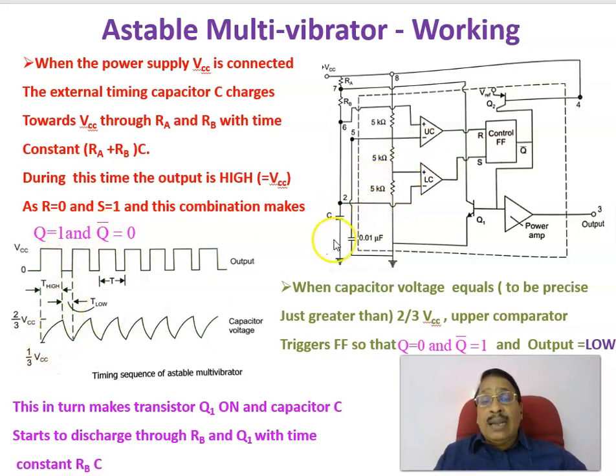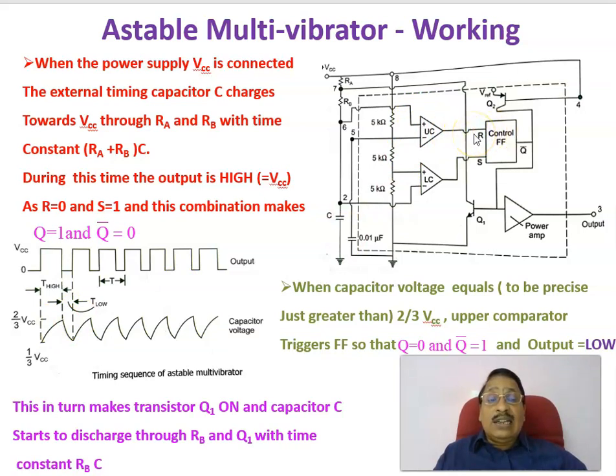Then again the capacitor is charging through RA and RB, with the time constant RA plus RB into C. And that capacitor is connected to the upper comparator, and once the capacitor voltage reaches 2 by 3 VCC, going just above this 2 by 3 VCC at this point, then R will become high.